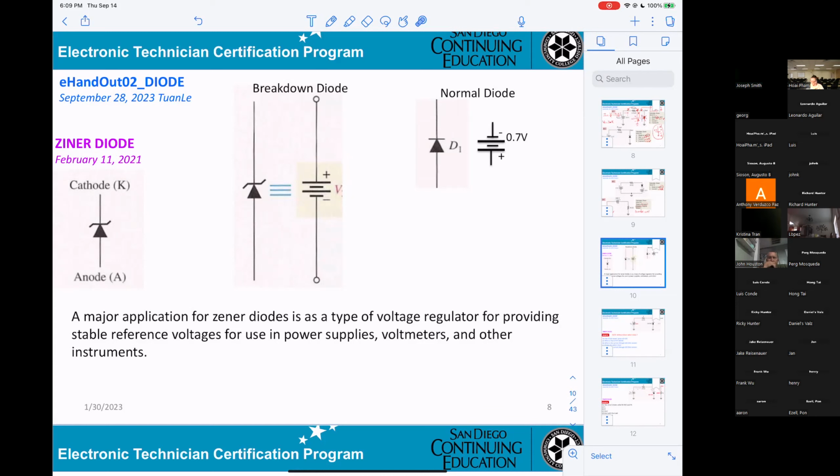Now, a normal diode, if it does not break down, works like normal. You can see this is normal: this side positive, the other side negative, and the silicon voltage is 0.7 volt.